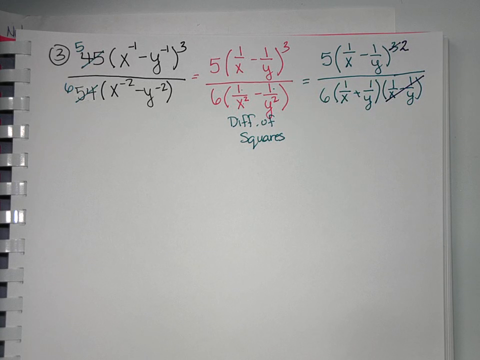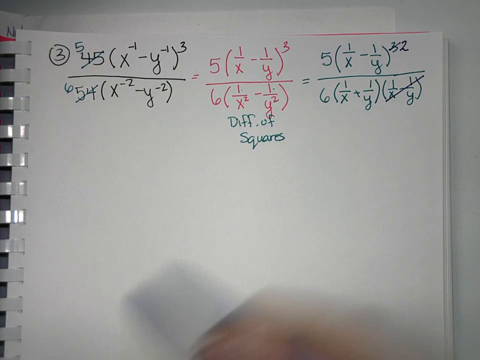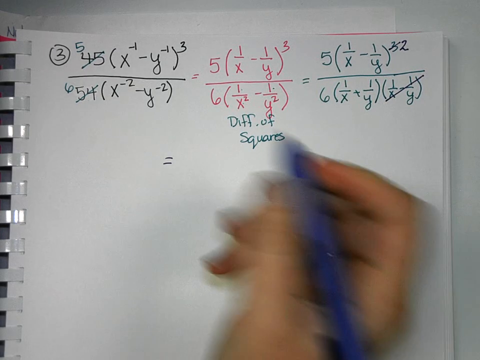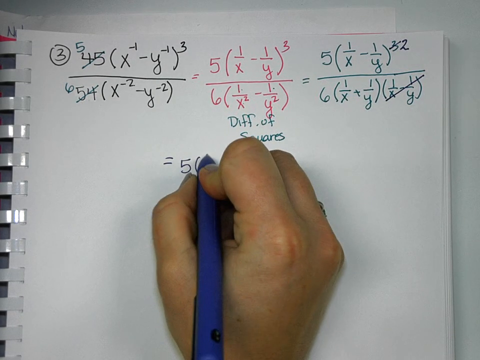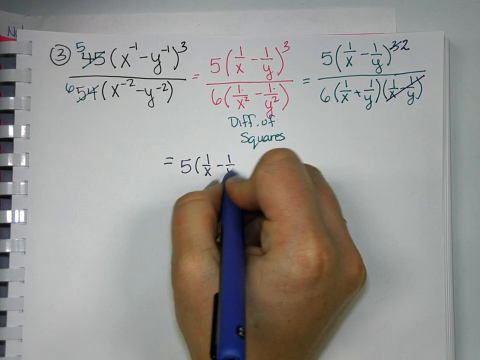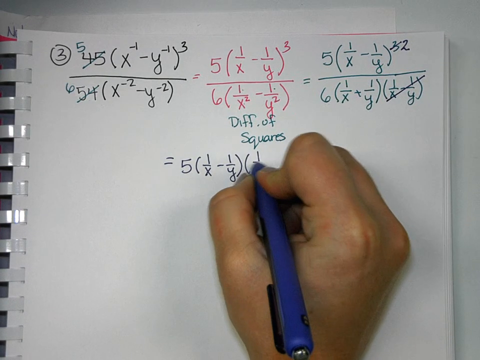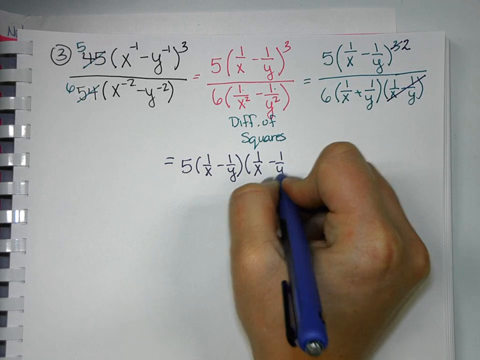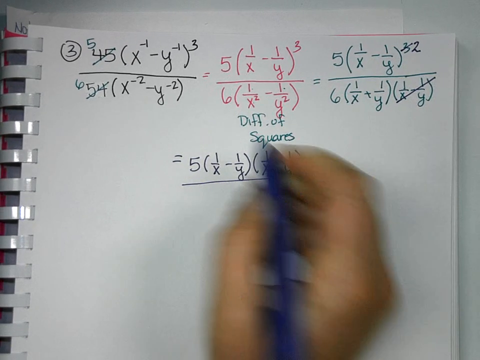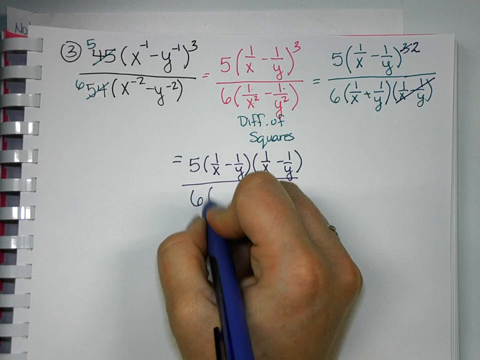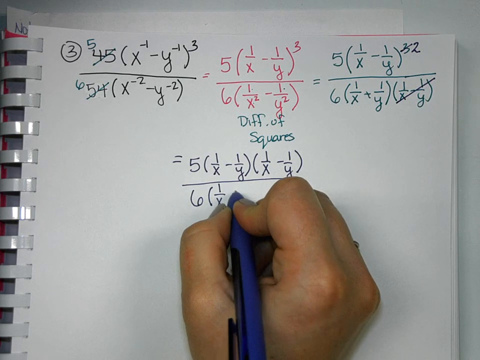So what that's allowed me to do is to get a smaller power on top, so when it comes to needing to multiply, I now have one less thing to multiply. So now I'm at the step where I have a 5, 1 over x minus 1 over y times 1 over x minus 1 over y, and then on the denominator I'll have 6 times 1 over x plus 1 over y.